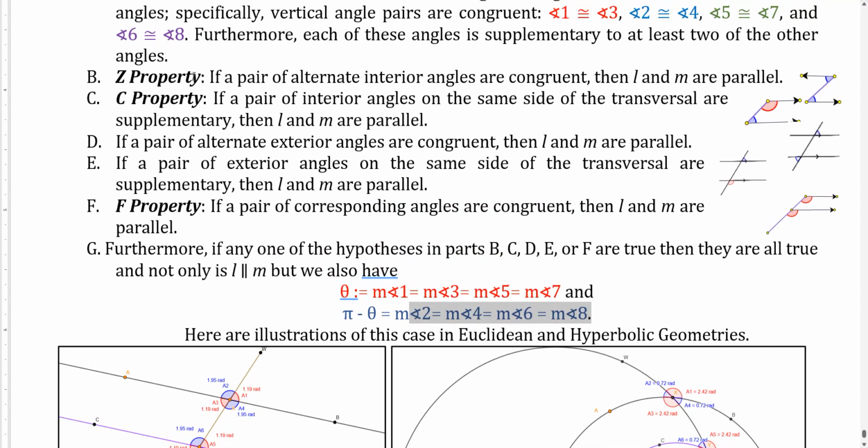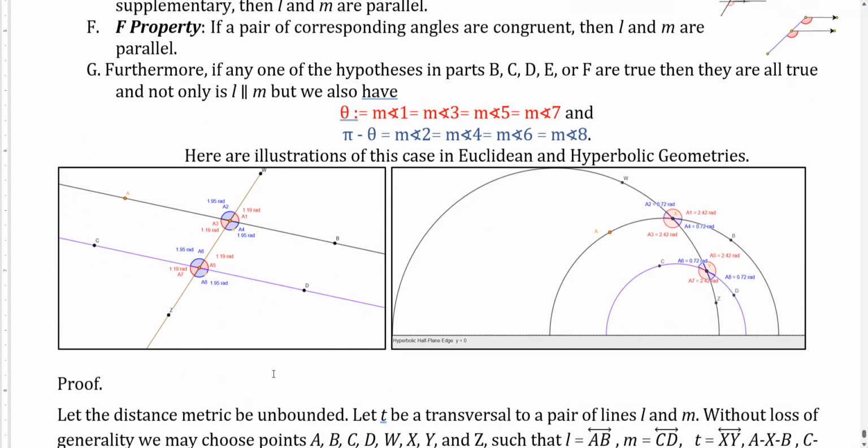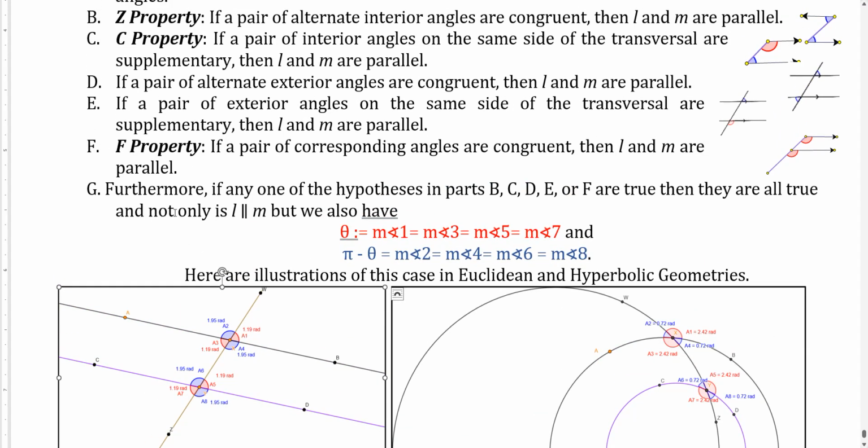What about if you have the hypothesis here, alternate exteriors? Okay, that would be like A1 and A7. Well, if A1 and A7 are congruent, remember A5 and A3 are in the same congruence class too. Now we've got the Z property, and all the pairs of angles are congruent, so there are two congruence classes, two supplementary classes there.